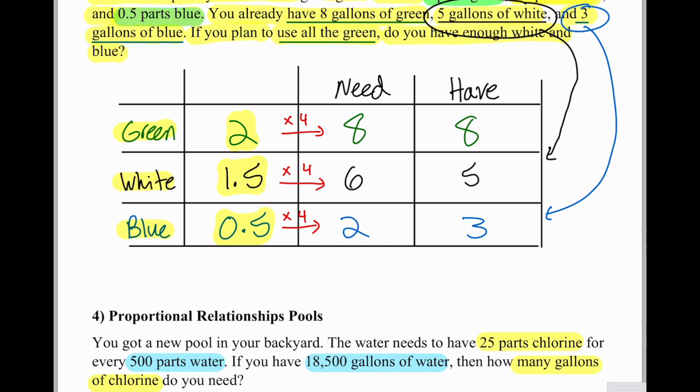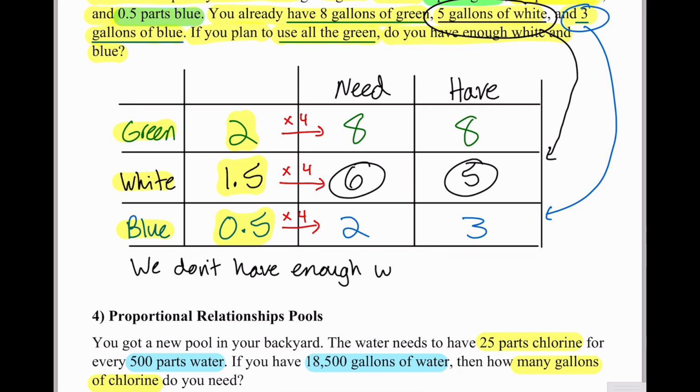Well, we need 6 white and we have 5, so we don't have enough white paint. But if you look at the blue, we need 2, but we have 3. So we do have enough blue.